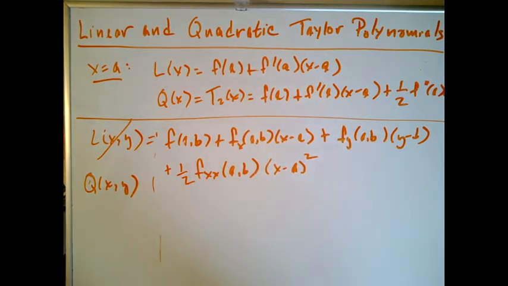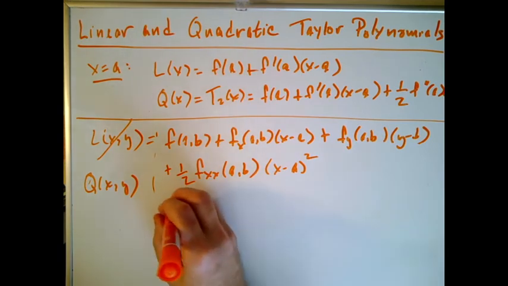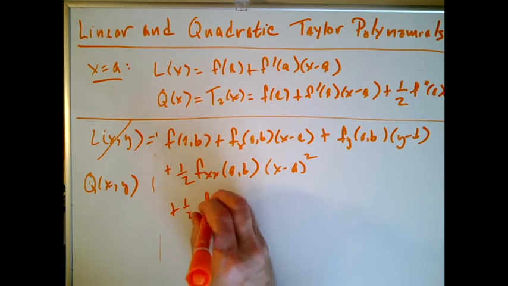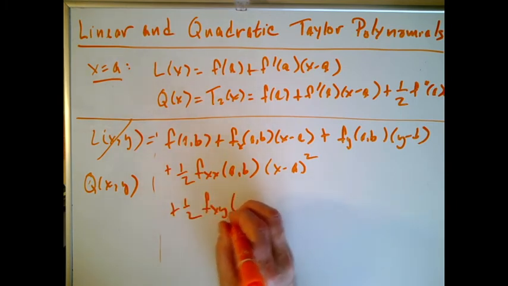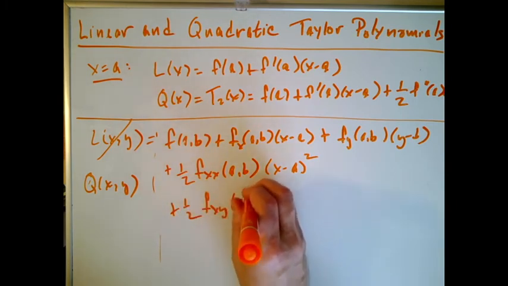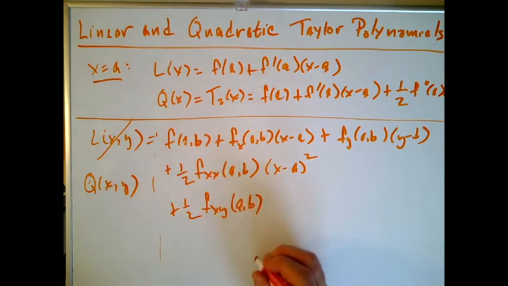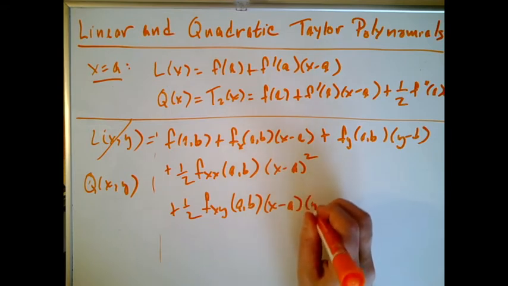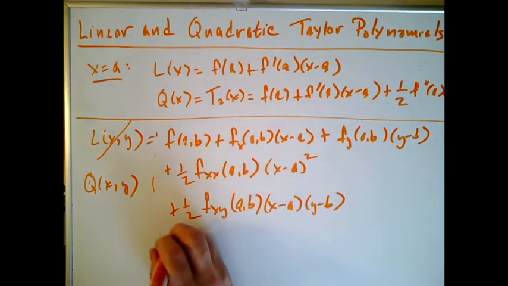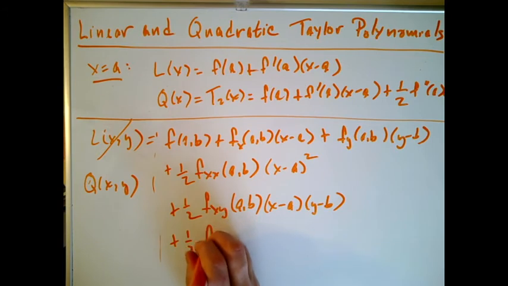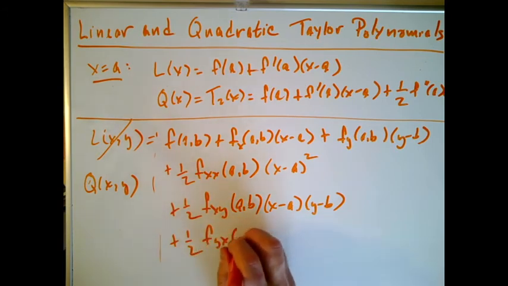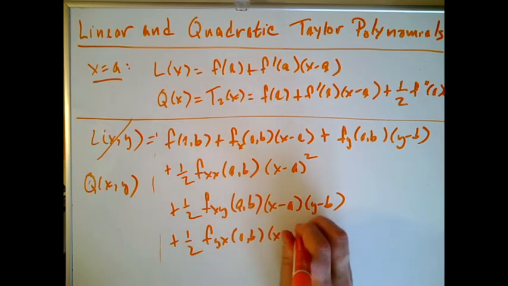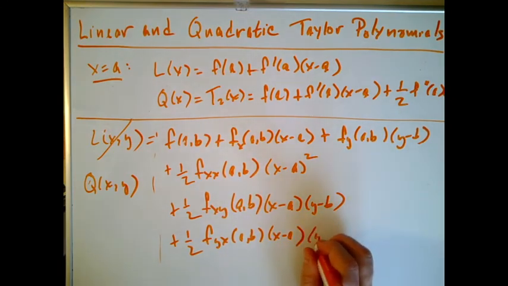Now if we start taking partial derivatives with respect to x and then y, we should have another thing like that. We'll have 1/2 and then f of xy. Remember, that's fxy. At the point, we took the partial with respect to x and with respect to y, so we're going to get an x minus a times y minus b, plus 1/2 fyx at a, b times again x minus a times y minus b.